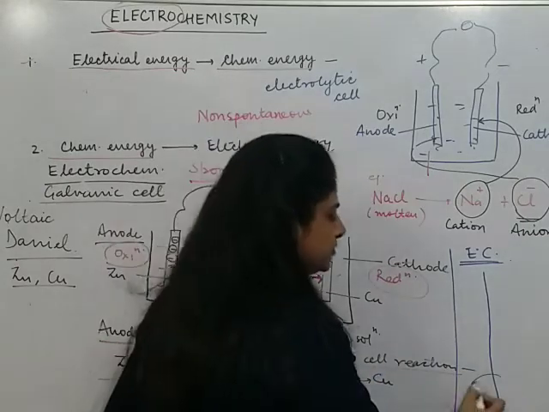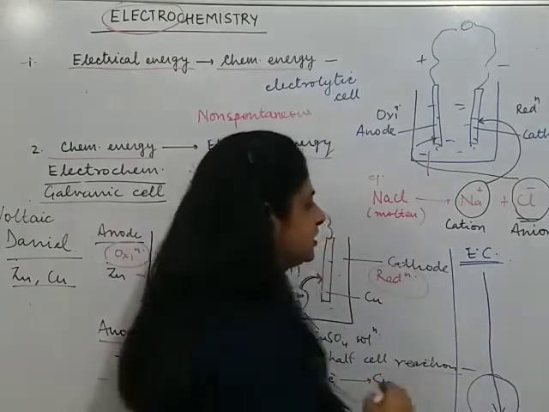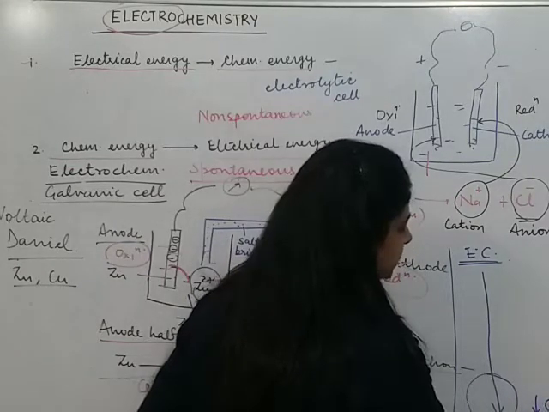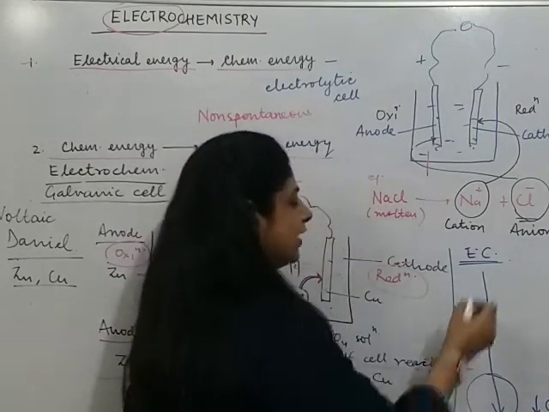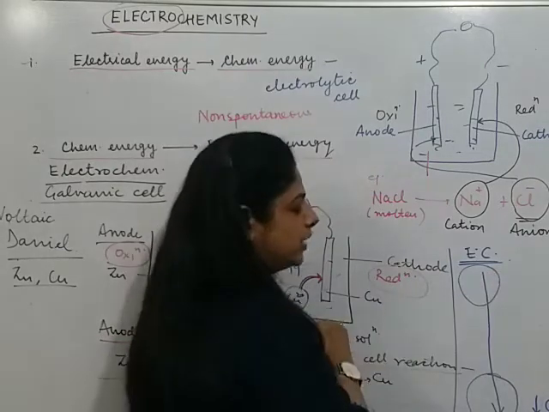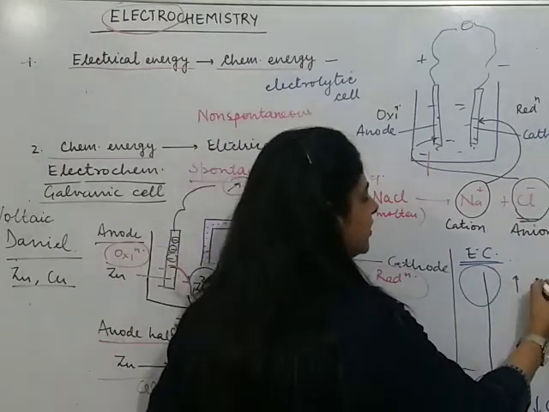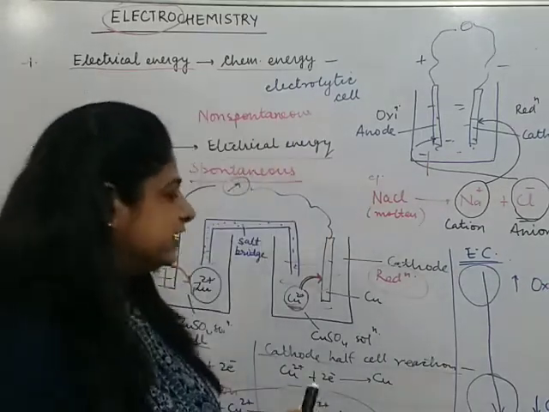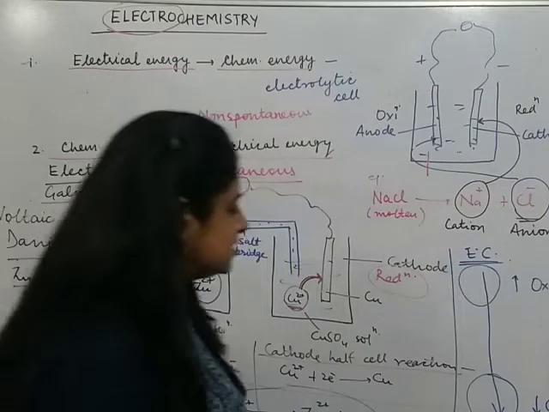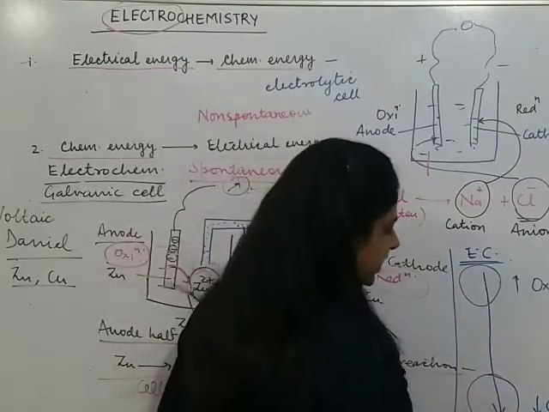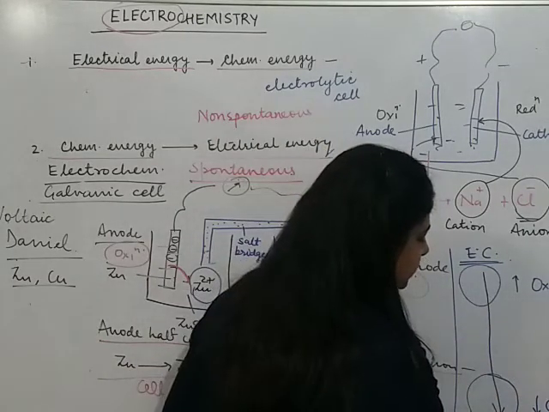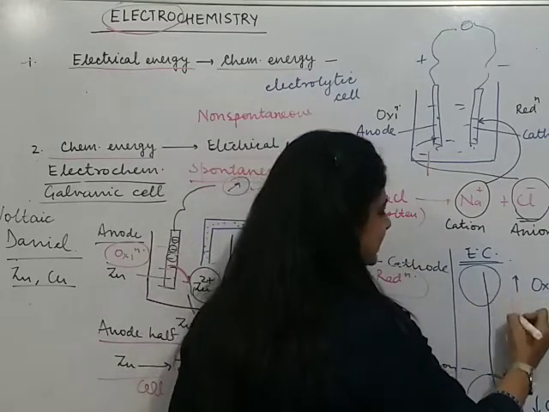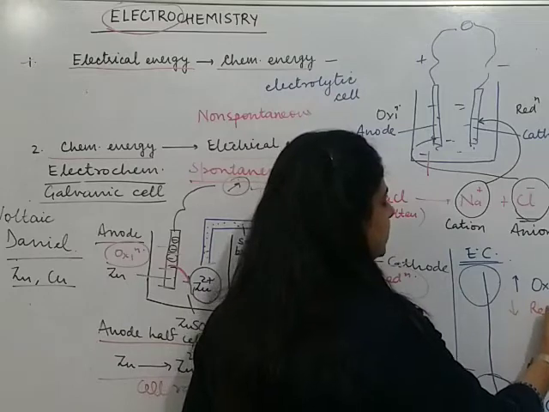So those metals which are lower in electrochemical series have low tendency to get oxidized, while those which are higher in electrochemical series have higher tendency to get oxidized. Or we can say the metals which are at the bottom have greater tendency to get reduced, and at the top they have lesser tendency to get reduced.